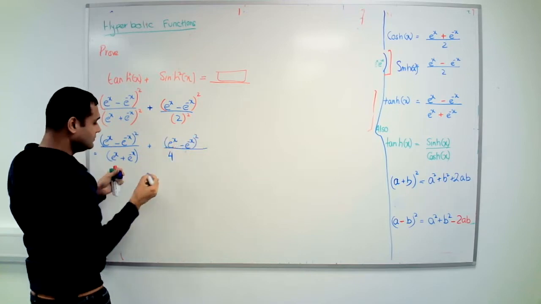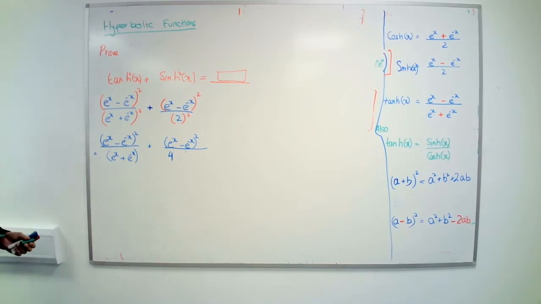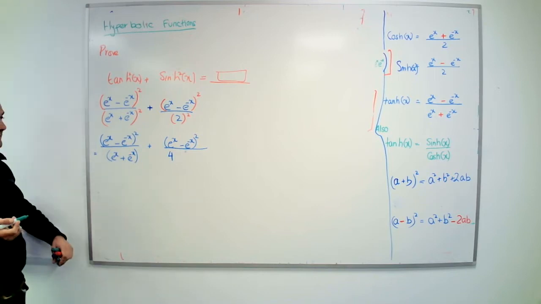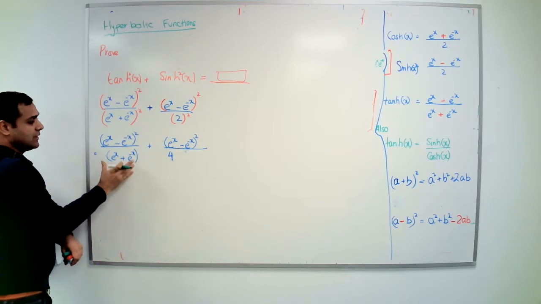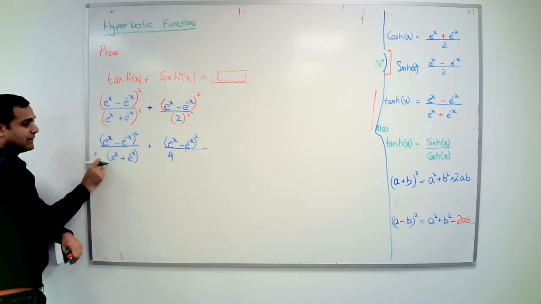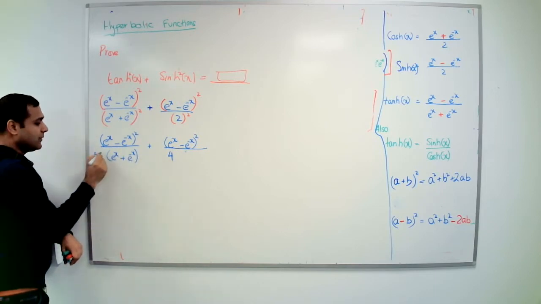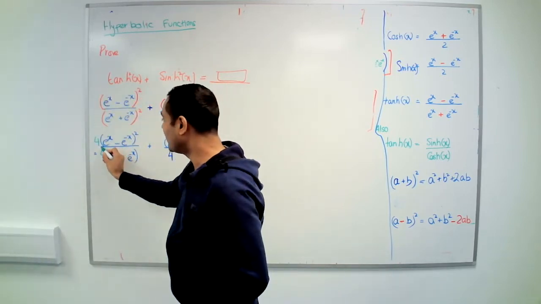Now I need to make the denominators the same. The way to do that is we play X factor, or cross multiplication. Whatever this thing is, I'm going to write it here, and this thing I'm also going to write here. This 4, I can write here and here, so I'm multiplying and dividing by 4.